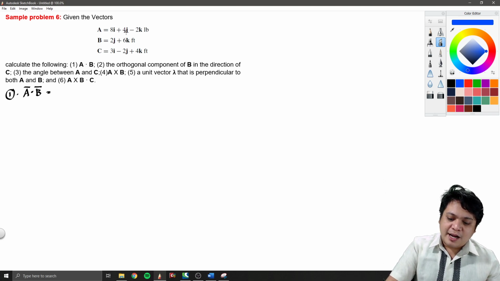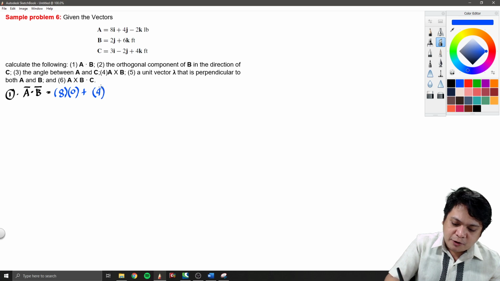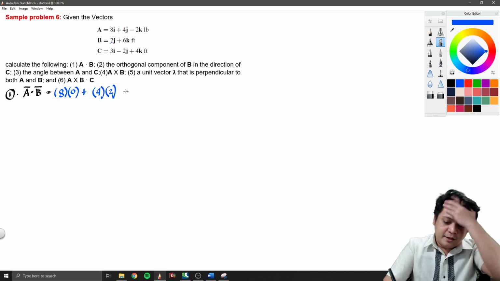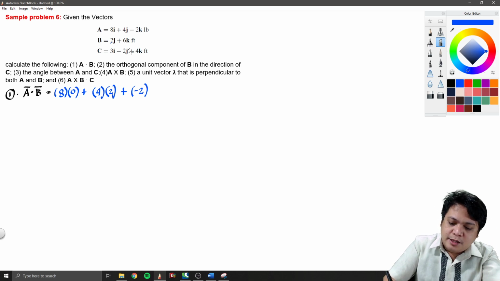Pagdating dito sa A, meron kang 8, and then i-multiply natin by B. Kaya lang yung B natin, wala, so that is 0. Next, you will be having here 4 for the A, and then 2 for the J, at 2 for the B. And then lastly, you will be having negative 2 for the A, and then 6 for the B.